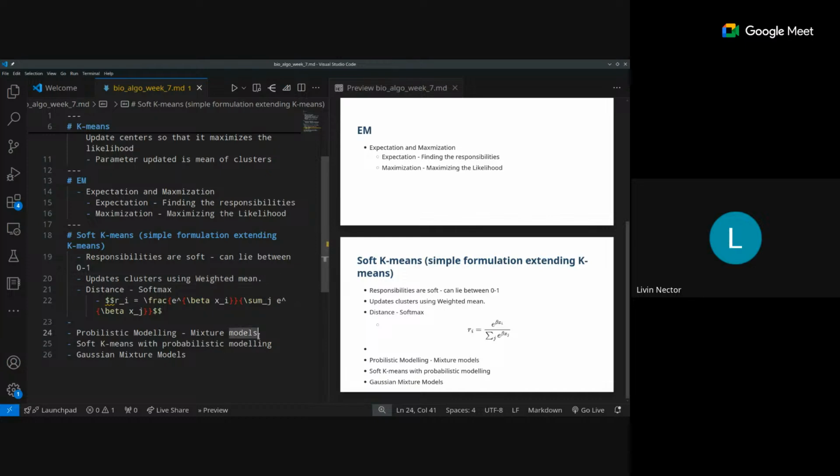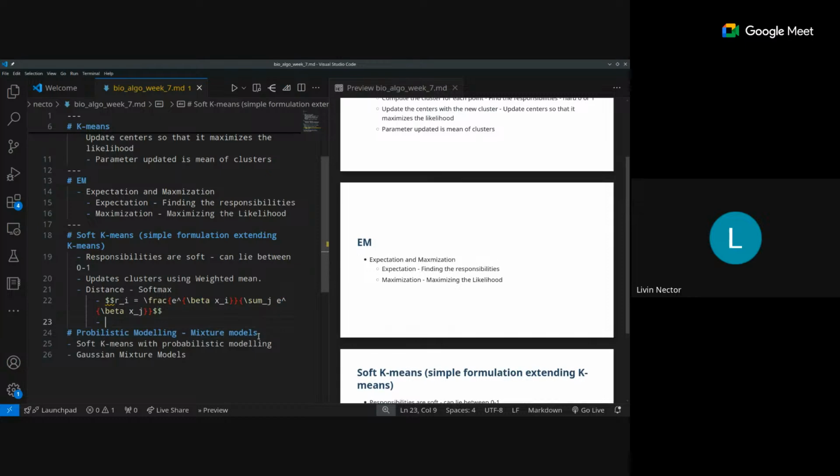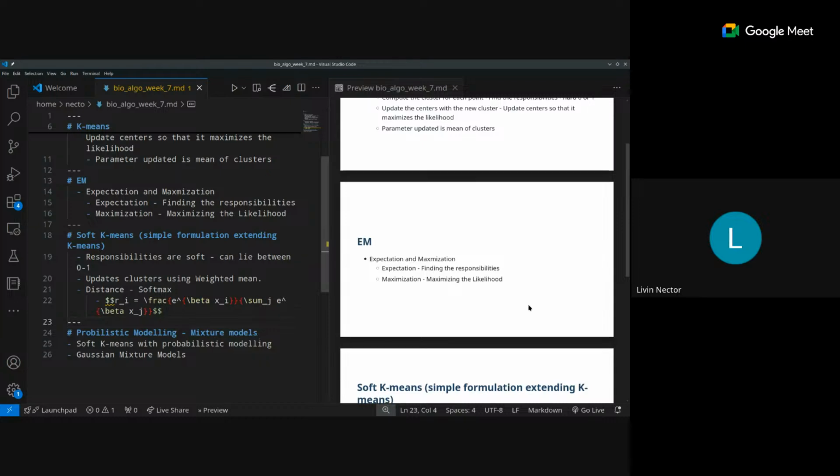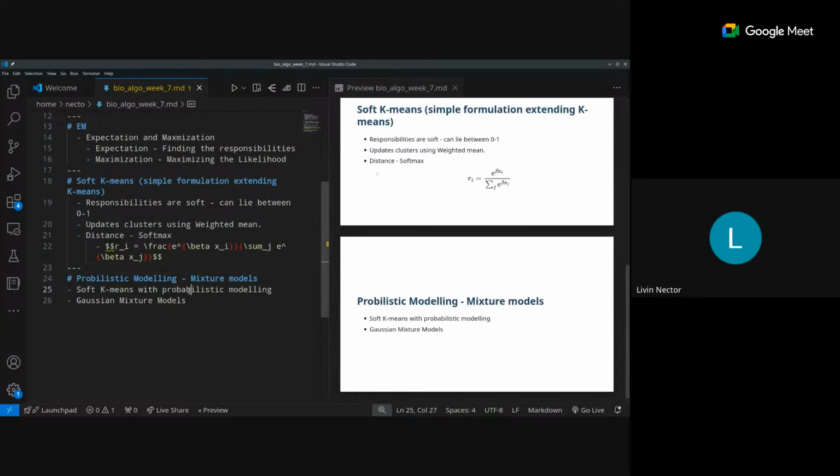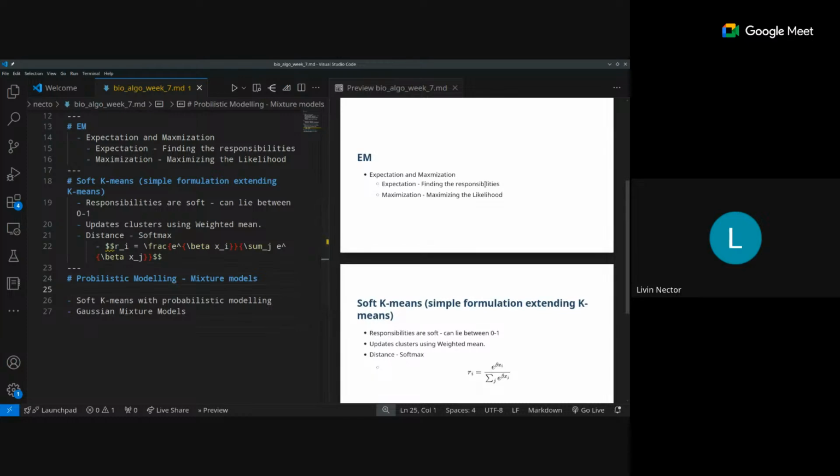So in probabilistic modeling, instead of this very general formulation, assuming the mathematical softmax function, which gives a probability distribution, to make this more interesting, we assume a probability distribution.